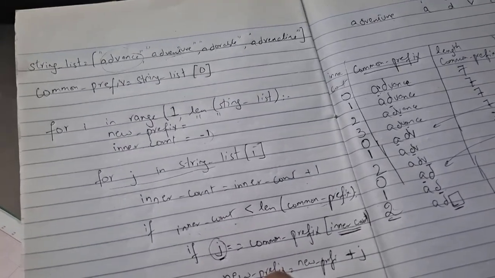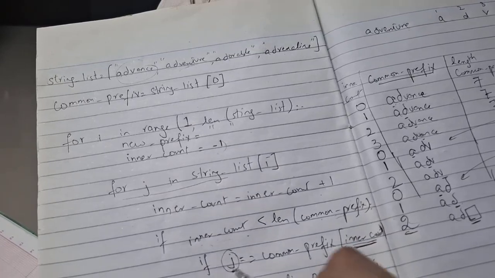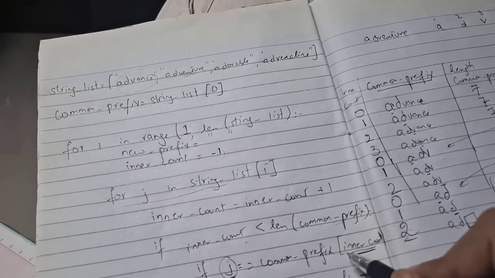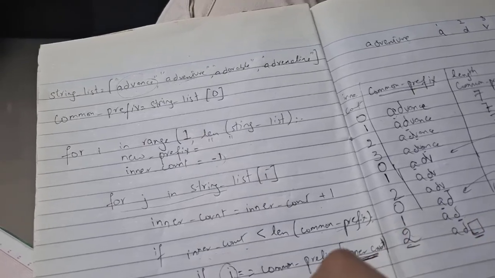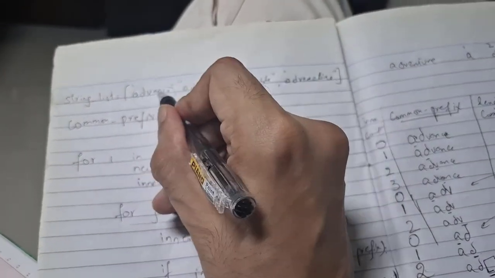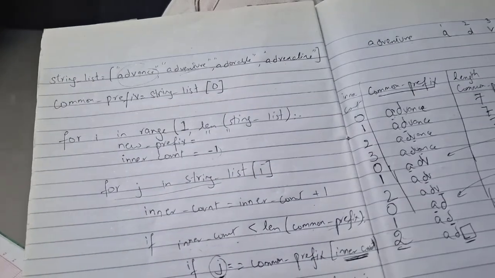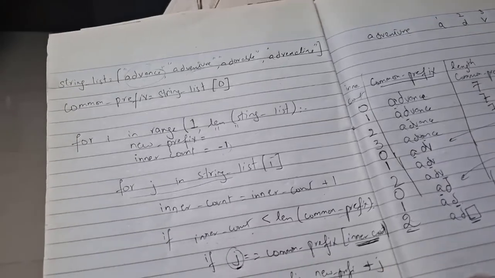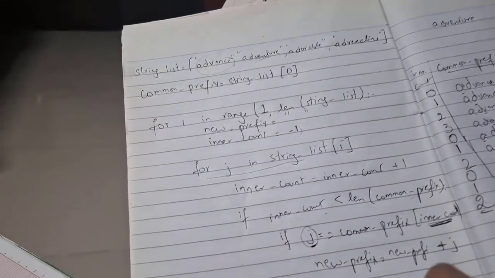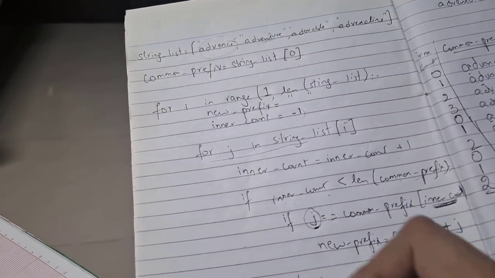However, if J is not equivalent to the common prefix inner count used for indexing, for example, E is not equivalent to A here, then we would break out of the for loop.